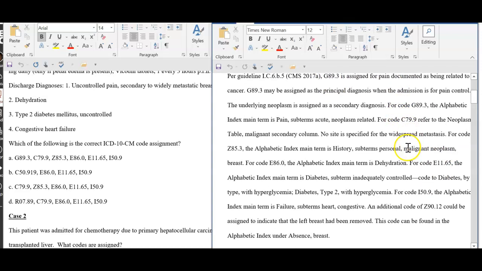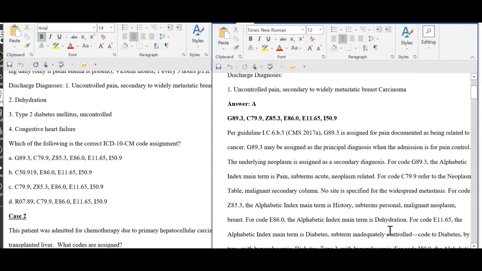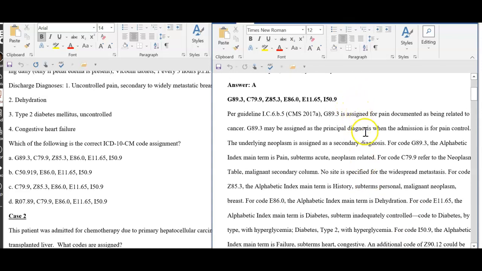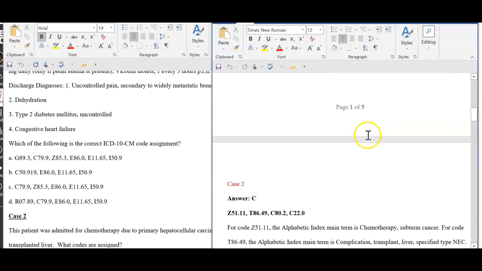And the very last one will be for the congestive heart failure. Z90.12 could be assigned to indicate that the left breast has been removed, so you would just go to absence, breast. As you can see, it wasn't put in here, but I am fine with the absence codes.